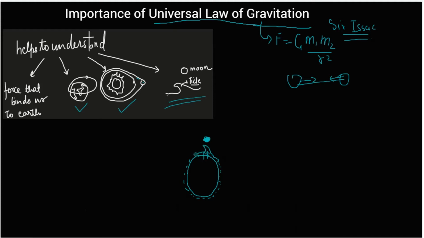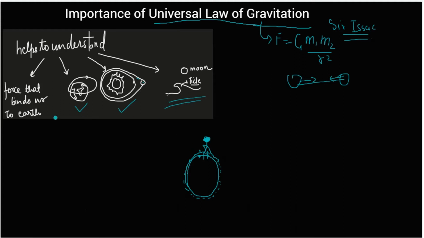And where the moon is not there, the water is still, like flat. So this is due to gravitation. The moon is attracting the earth, but the earth has a lot of mass, so it can't shift. So the surface water shifts. Don't assume that you will stand there and get attracted. Not that, only water, because it is a fluid and has a lot of mobility.